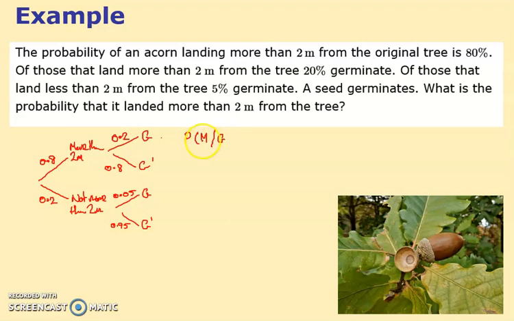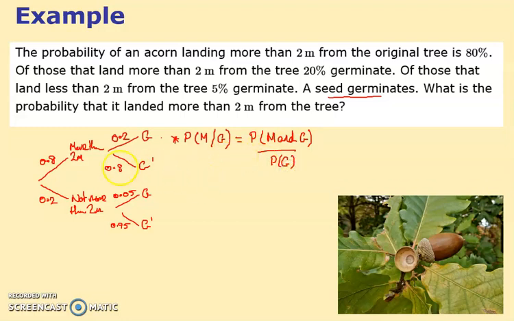That's what I think I need to find out. Because it says a seed germinates. What's the probability of landing more than 2 meters from the tree? Now that is not obvious, I don't think, that that's what we need, but that's what I think it is. And using the logic I had before, it's M and G divided by the probability of G.